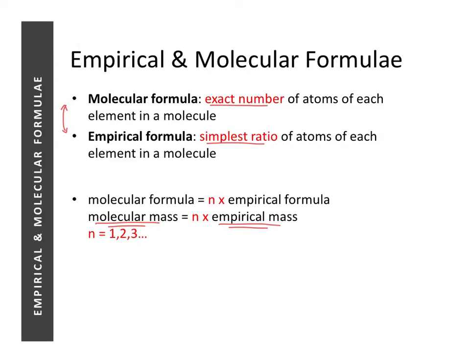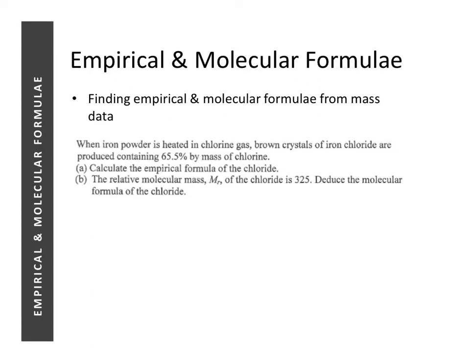Let's see how we can apply it in the question again. Previously we found out that the empirical formula is FeCl3. Now, given the relative molecular mass of the chloride, we are supposed to use it to find the molecular formula of the chloride.